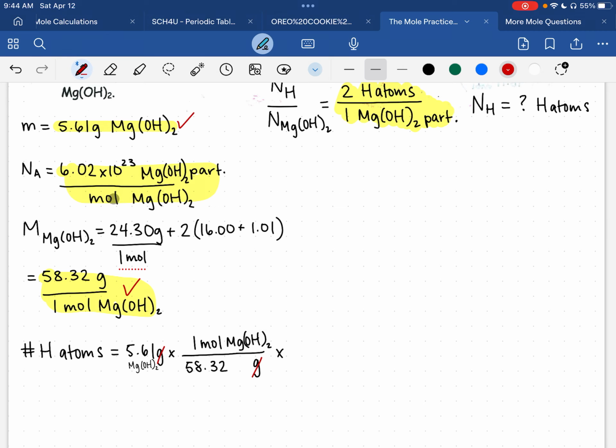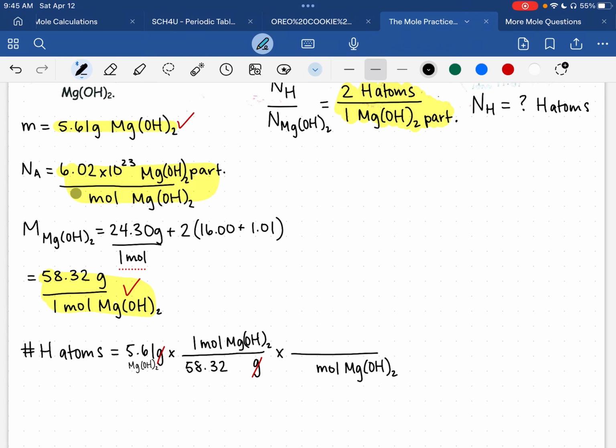So we have to use this value right here, Avogadro's number. So we have a fraction. We want the moles of magnesium hydroxide to be in the denominator because we want it to cancel with this numerator right here. And this is our fraction, so we just continue with, there's a 1 right here.